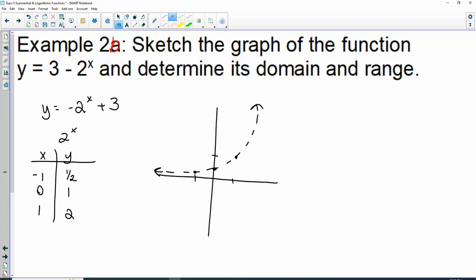So the negative out in front will do what? So it's like making all your y's negative, so it flips it over the x-axis. The plus 3 will move up 3. Alright, so I had a horizontal asymptote of 0. Since we went up 3, it will now be a positive 3.